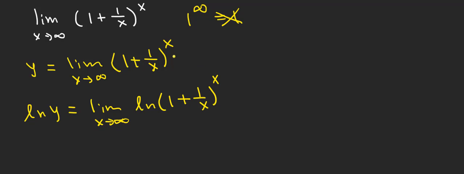You remember when it's natural log of a to the n, one of the properties was you could say the exponent comes in front of natural log, so n natural log of a. So we're going to use that property.